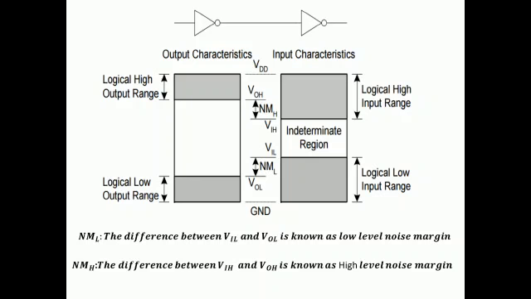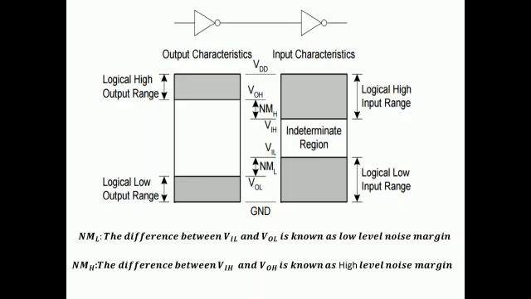So there should be some difference between the input low level voltage and output low level voltage. So that difference is called as noise margin, low level noise margin, which is denoted by NML. So to have low effect of this noise.